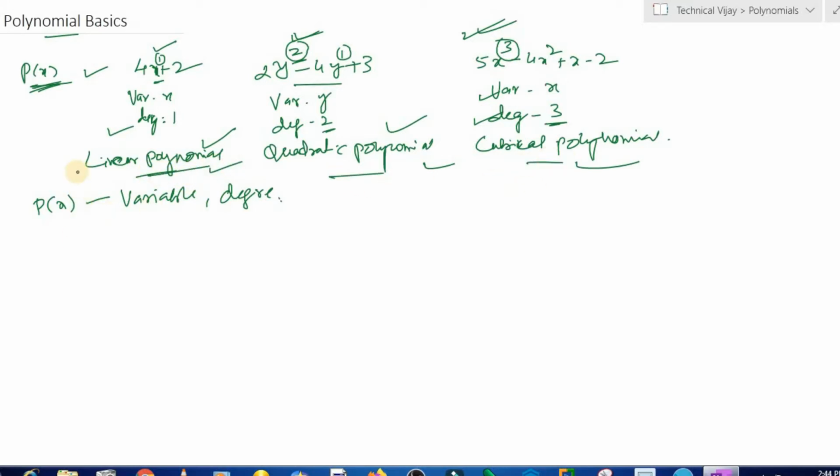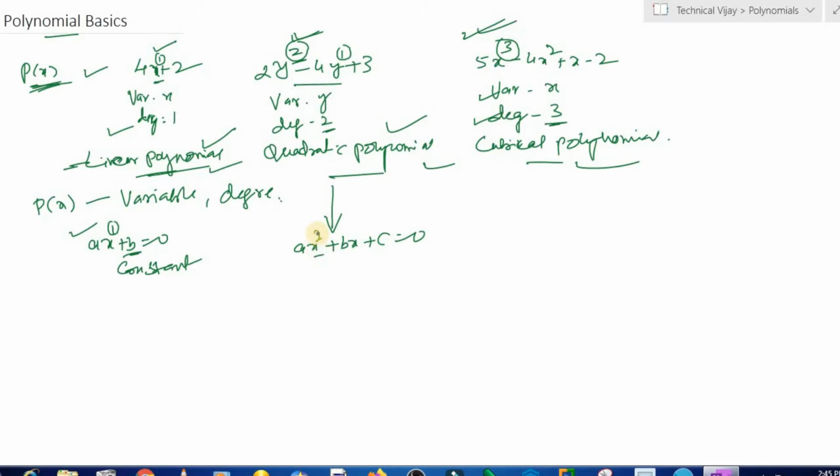Now we will see this linear polynomial is always in the general form of ax plus b is equal to 0. Here b is a constant, so the degree of this polynomial is 1. Hence it is a linear polynomial. The quadratic polynomial has the general form ax square plus bx plus c is equal to 0.